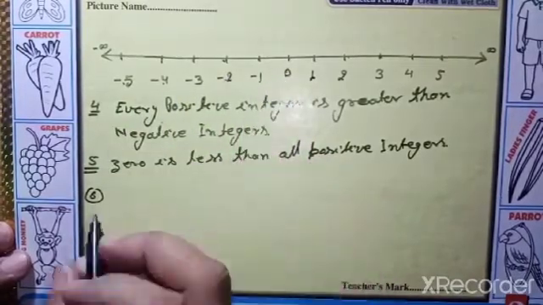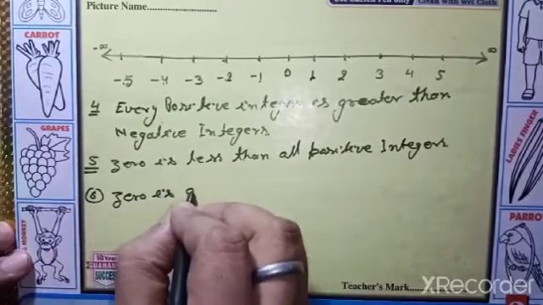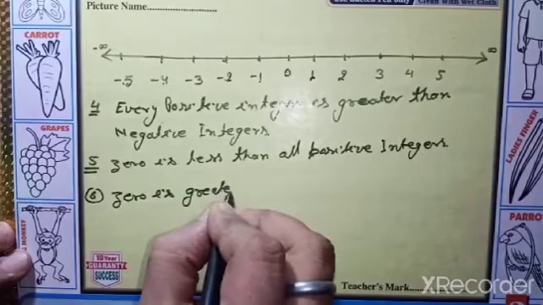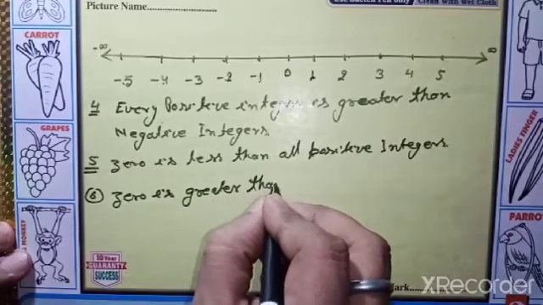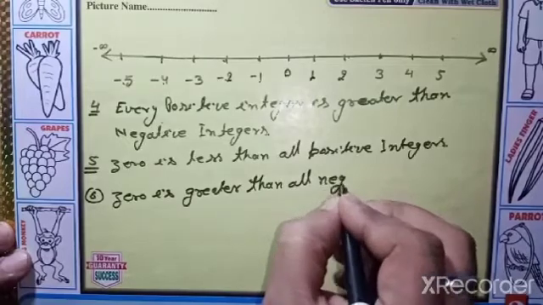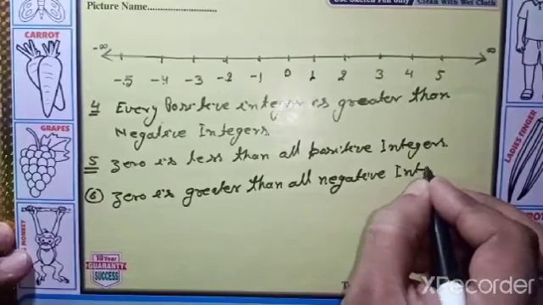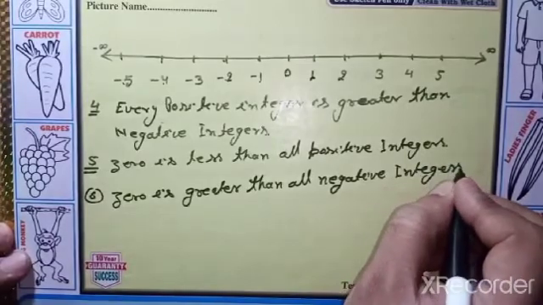So 0 is greater than all negative integers.